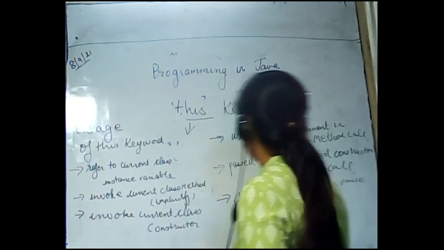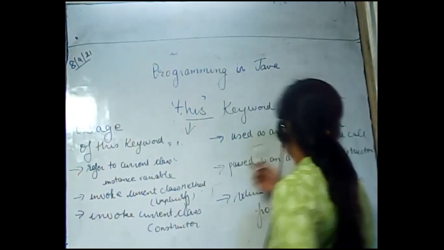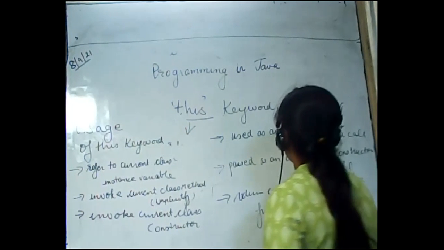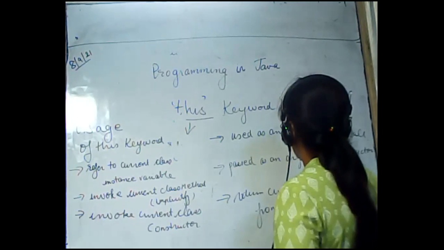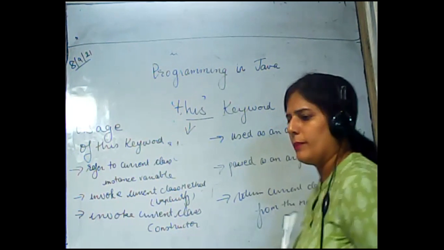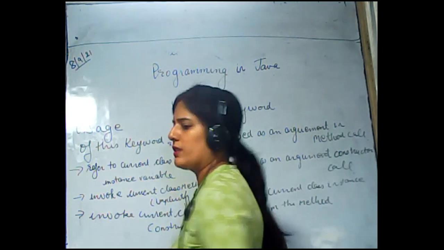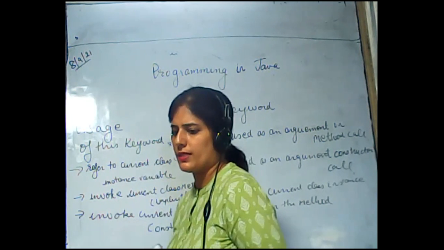And these are the argument-based usages: we can pass it as an argument in a method call, or in a constructor call, and it can also return a current class instance from the method. Basically, according to our syllabus, we will be implementing the first three uses of this keyword.